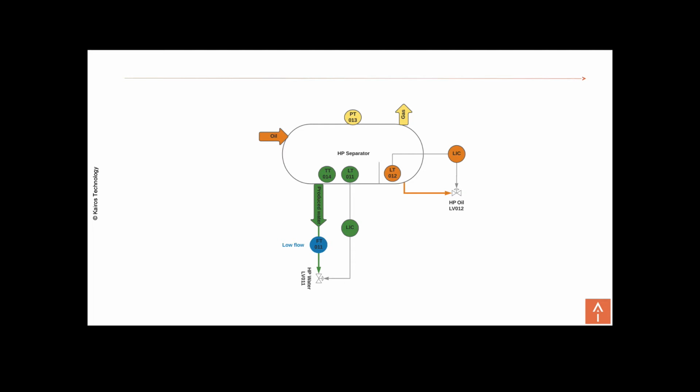The next observation we receive is a high water level, and then a high oil level. So, let's have a look at how this looks in the control room assistant and what it will show us.